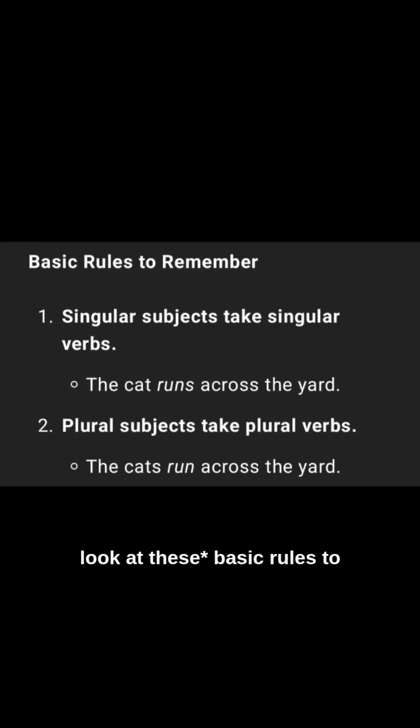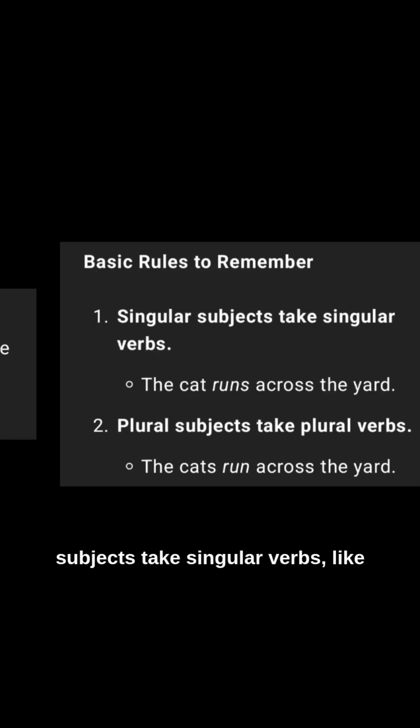Now, let's look at these basic rules to remember. The first one is singular subjects take singular verbs, like we looked at earlier. Example, the cat runs across the yard.